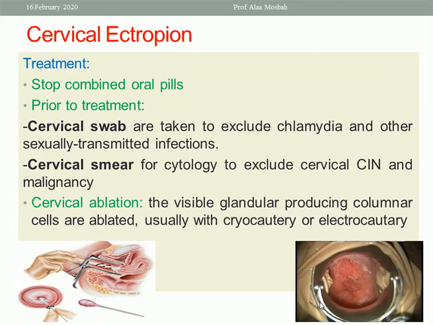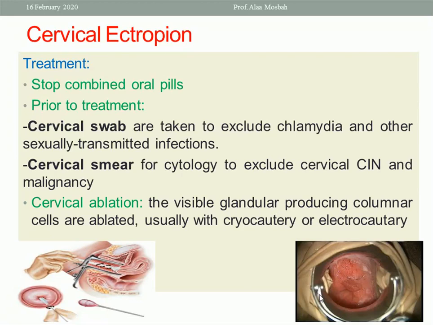The treatment of cervical ectropion in symptomatic cases and in cases with large ectropion includes stopping the combined oral pills containing estrogen. Prior to treatment, try to do a cervical swab to detect infection like chlamydia and other sexually transmitted diseases. Also, a cervical smear for cytology to exclude CIN and malignancy.